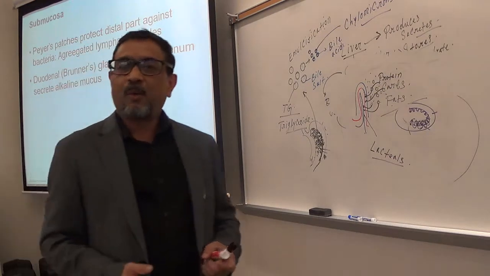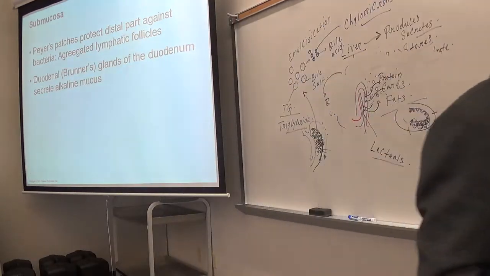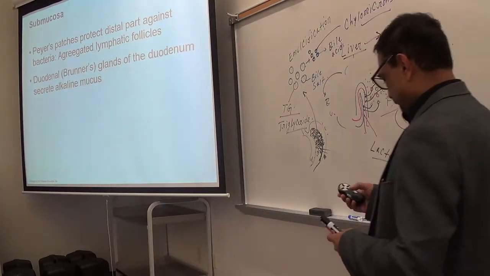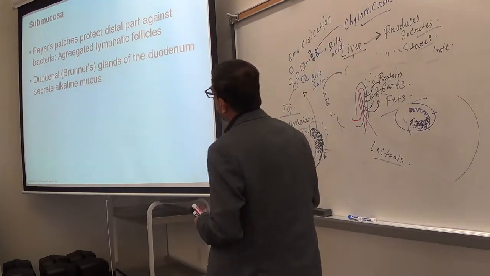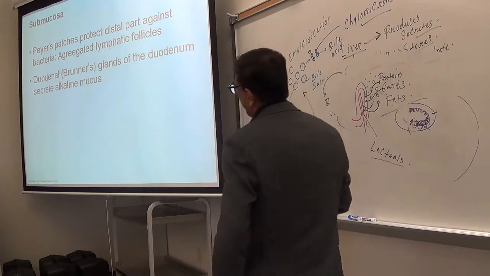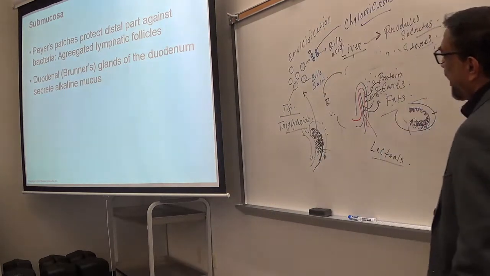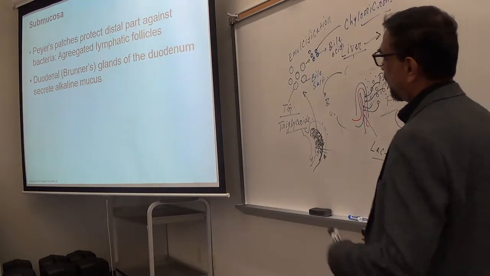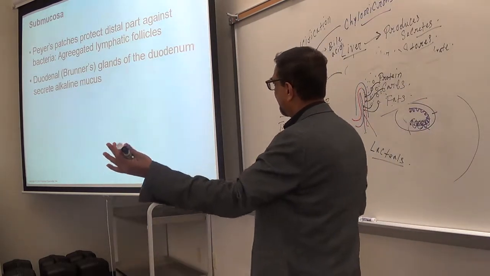In the wall of the late part or distal part of the small intestine, you will find aggregated lymphatic follicles. We talked about this too before.